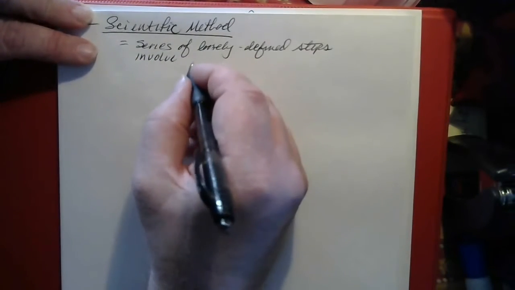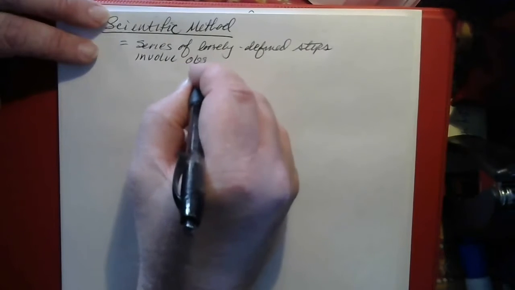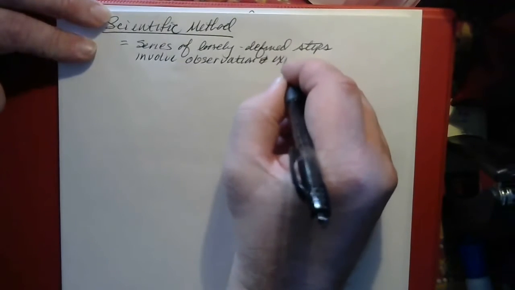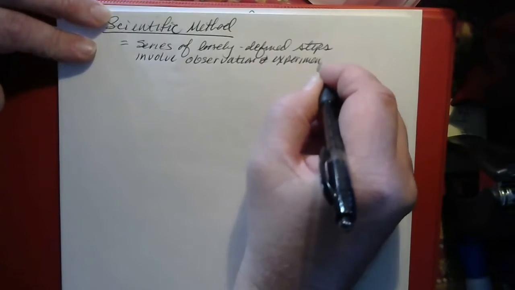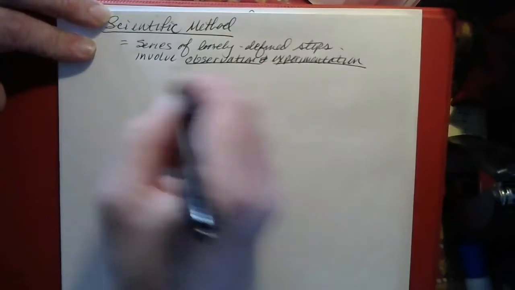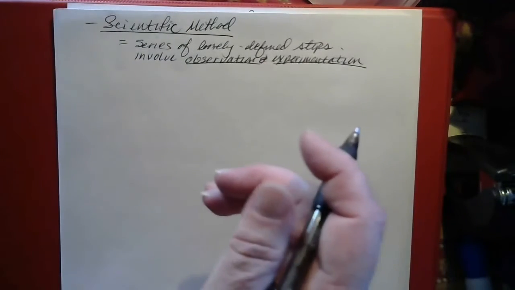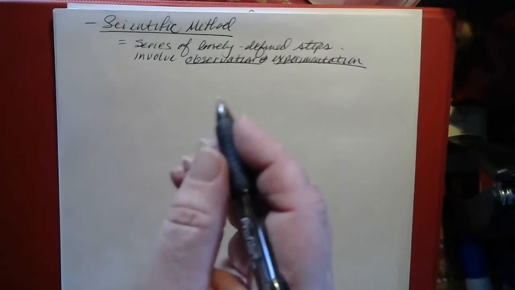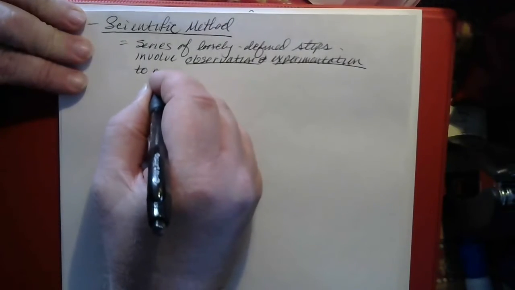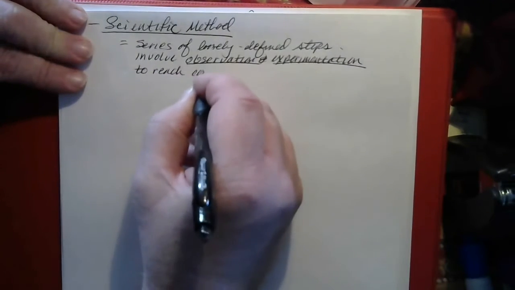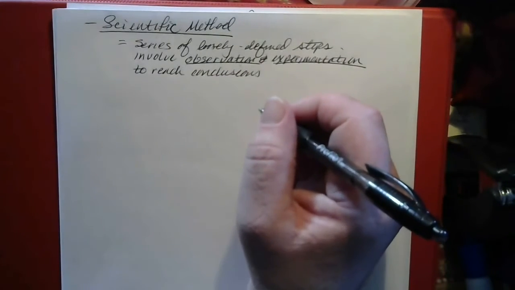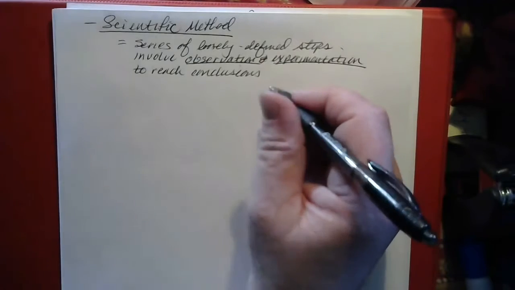And these steps involve observation and experimentation, and lots of measurements too along the way. And the purpose is to basically draw conclusions about why things are the way they are or how things work.